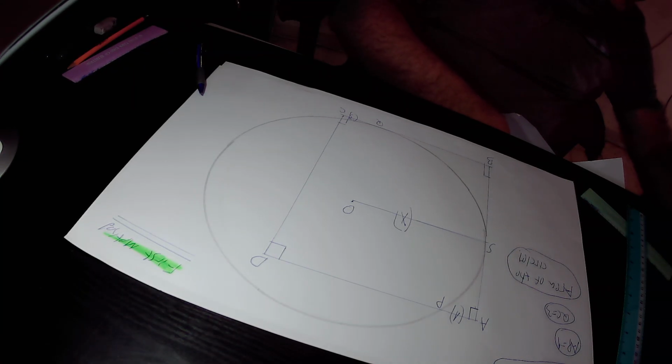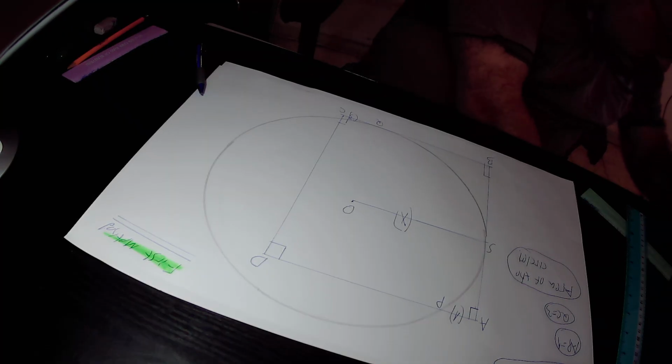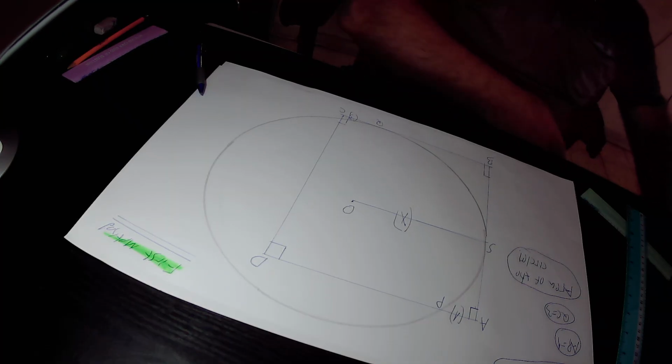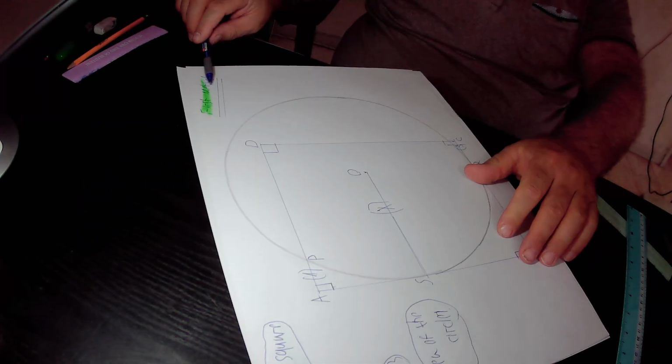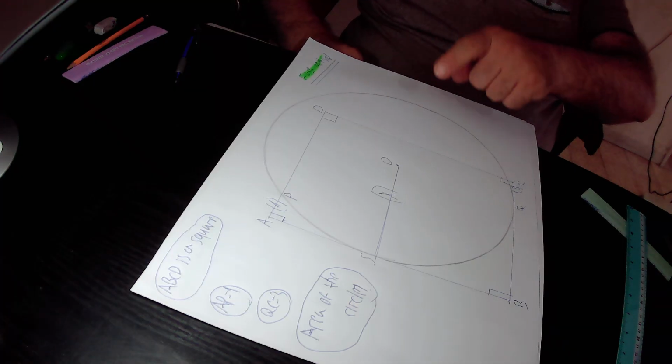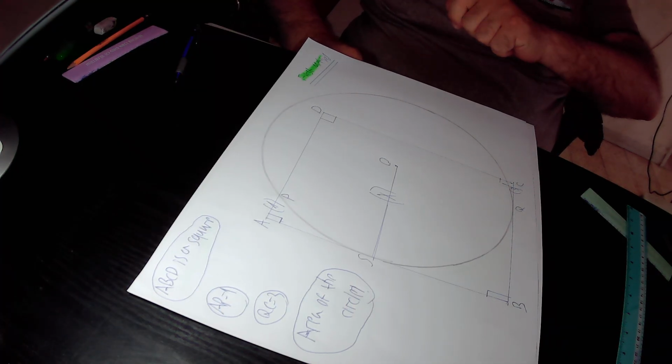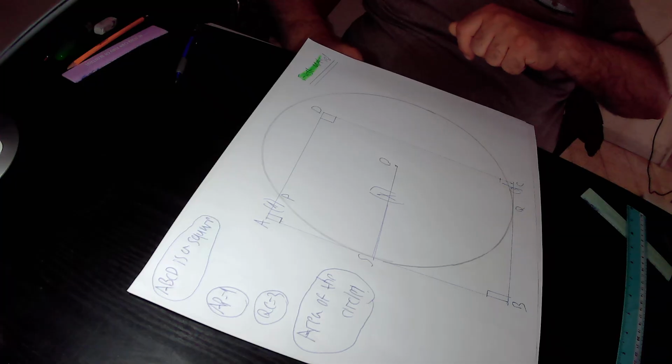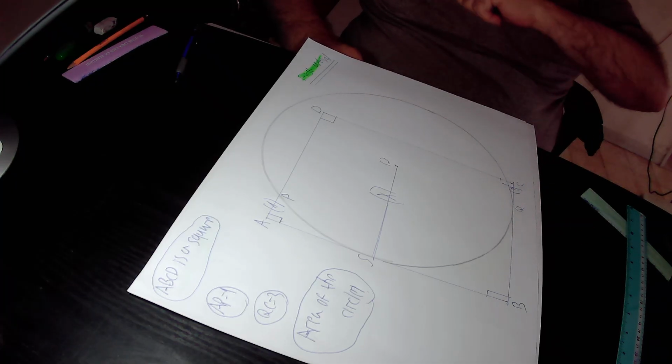Why? Because in our drawing we have the radius OS that is equal to x. The radius OS is drawn to point S, that is the point of tangency of tangent AB with this circle.